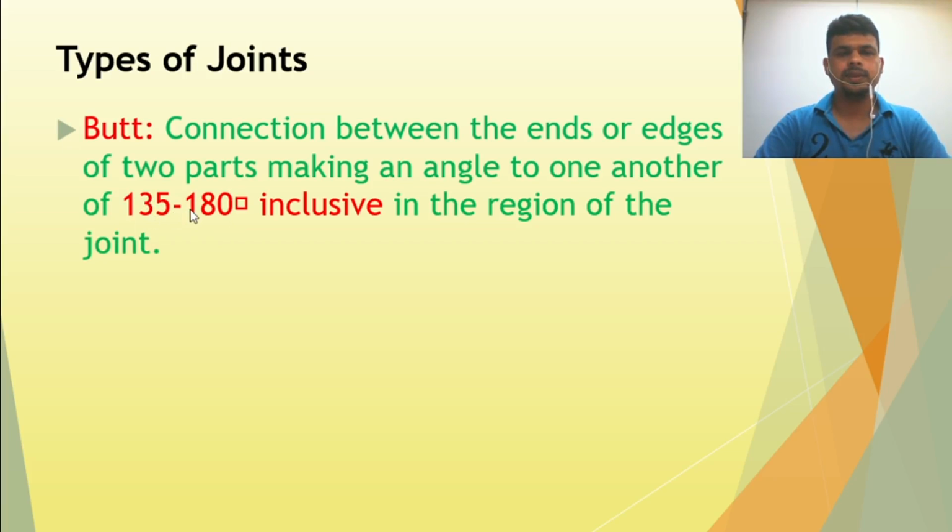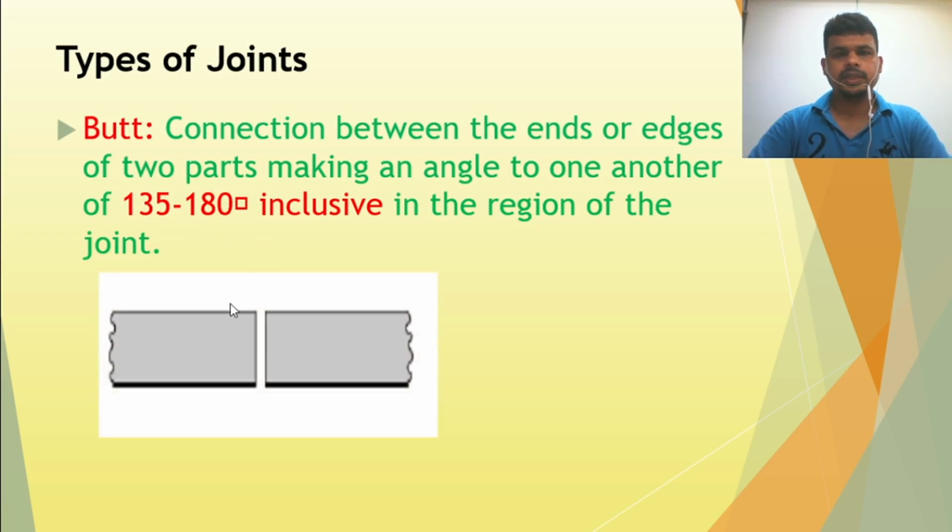So 135 to 180 degrees inclusive. This angle is actually an essential variable for types of joints. If this angle is something different, less than 135 or more than 180, that will not be considered a butt joint. I will explain to you one by one what the degree is, what the variable within the degree is.